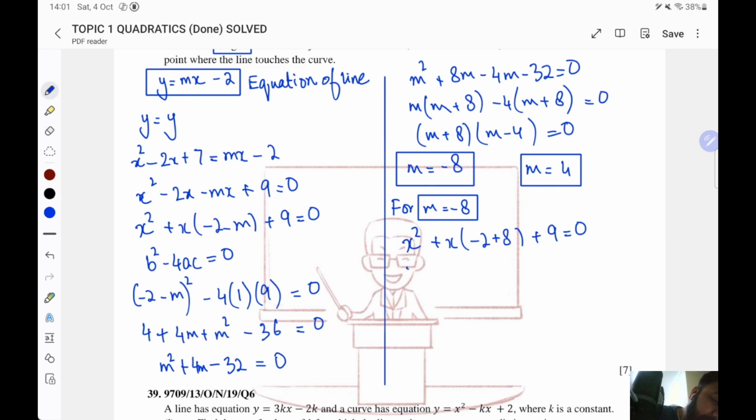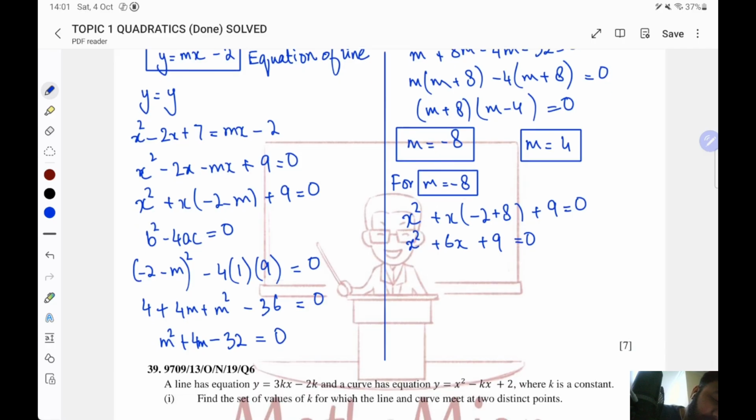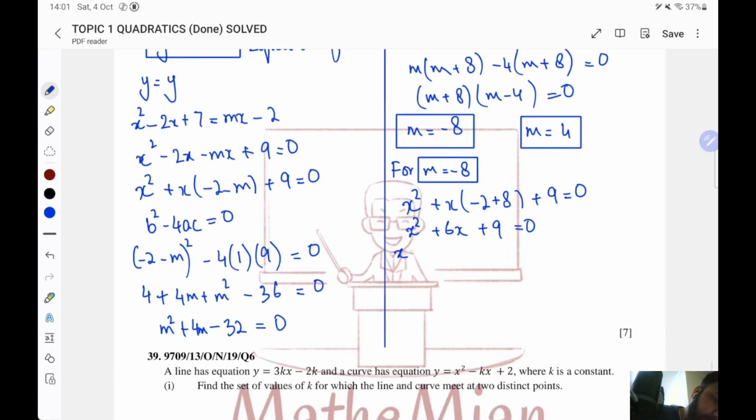The equation will become x square plus 6x plus 9 equals 0. So it will be x square plus 3x plus 3x plus 9 equals 0, x plus 3 times x plus 3. So the value of x at m equals minus 8 will be minus 3.